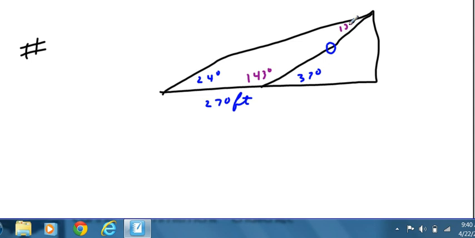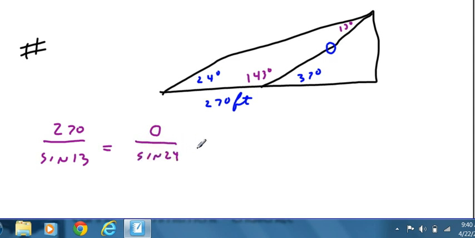Alright, so that being the case, I know that 270 divided by the sine of 13 is going to be the circle divided by the sine of 24, clearly implying that the circle is equal to 270 times sine 24 divided by sine 13.